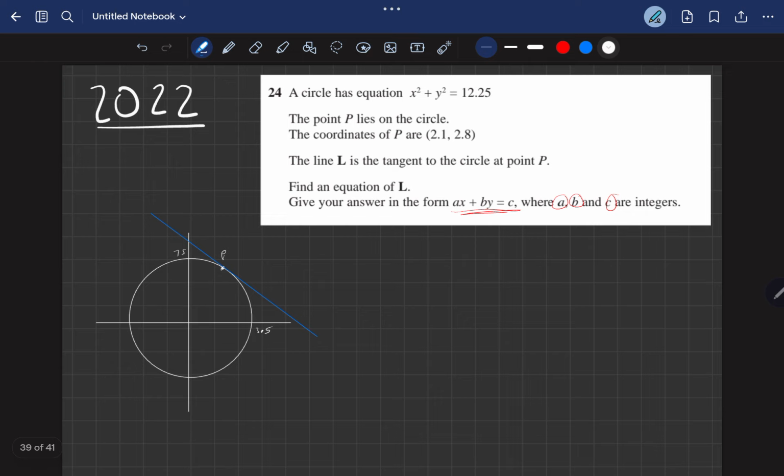If I draw the radius to the tangent, using one of my circle theorems, I know that a tangent touches a circle and it forms 90 degrees. So if I find the gradient of this radius, then I could just find the gradient of the tangent.